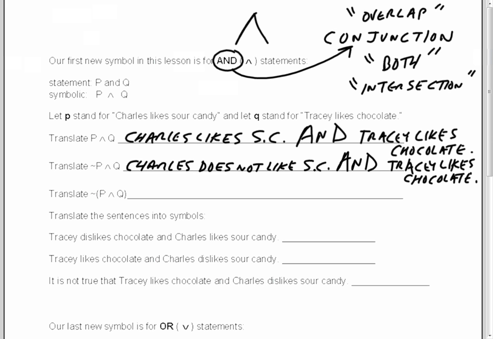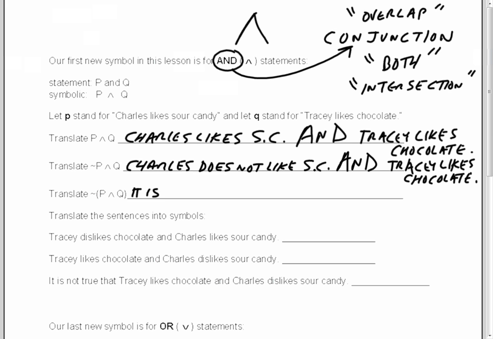What do I do when I see a negation symbol in front of a grouping of a statement? Kyle? All right. What phrase did we use on the previous page when that came up? It is not true that.